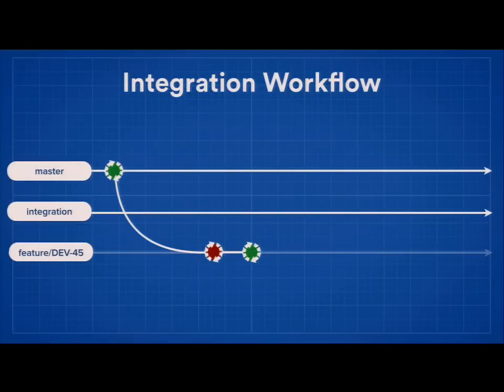Okay, and the third option that's even closer to pure CI is to include a shared integration branch in your team's workflow. This is really similar to the Git flow way of doing things. So basically, when you've got a clean CI run on your feature branch, merge up to the integration branch. And the first time you do that, you'll probably find some conflicts with things that other people are working on.